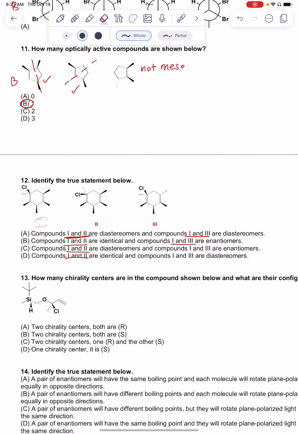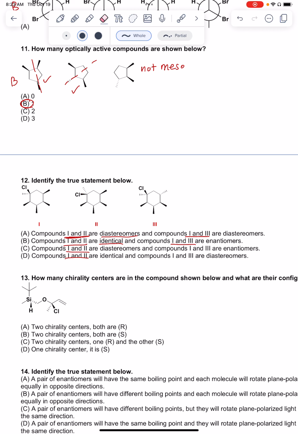So I'm first going to look at 1 and 2. What are they asking me? They're asking whether they are diastereomers or identical. Well, let's say we've got a chlorine on a wedge and a methyl on a dash. Here we also have chlorine on a wedge and methyl on a dash. They may look different because they've switched the chlorine position, but they haven't actually done anything to it.